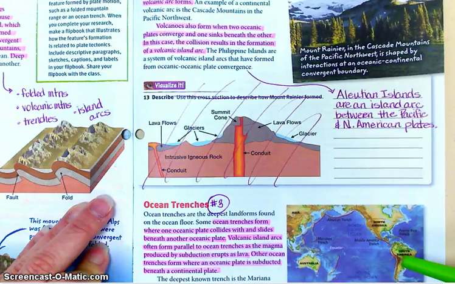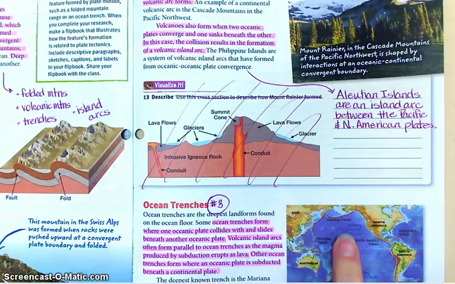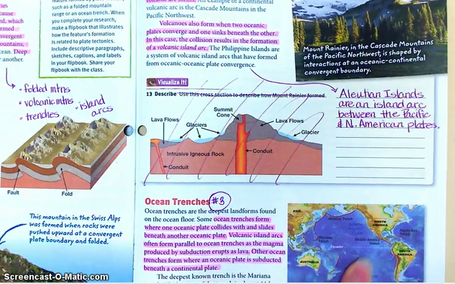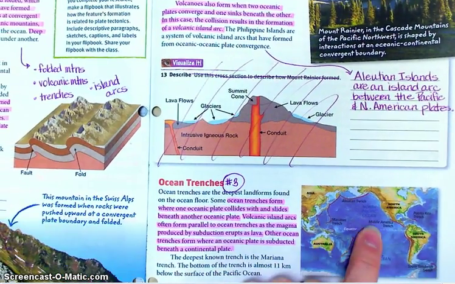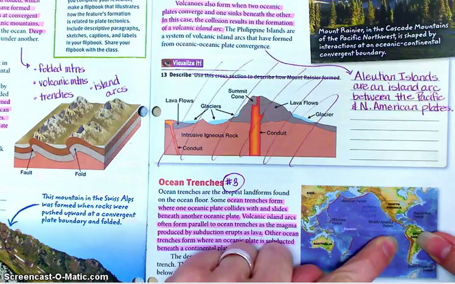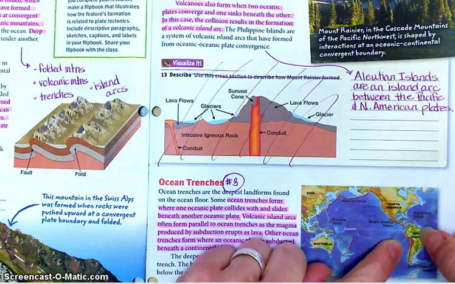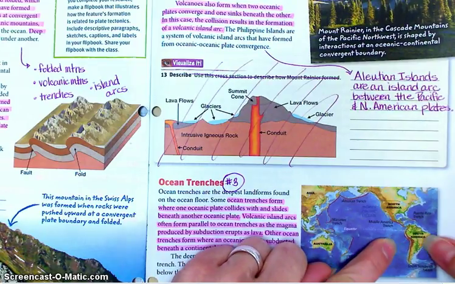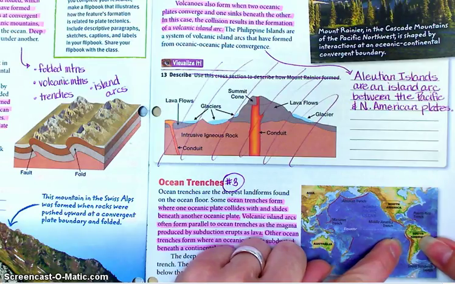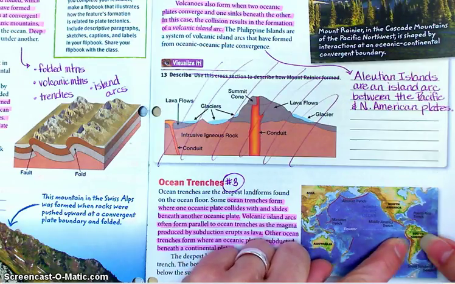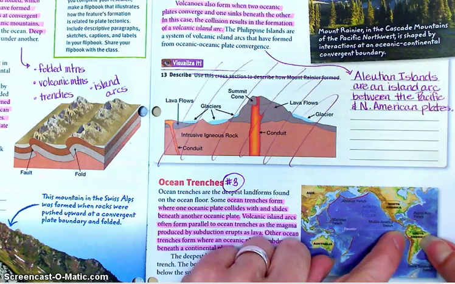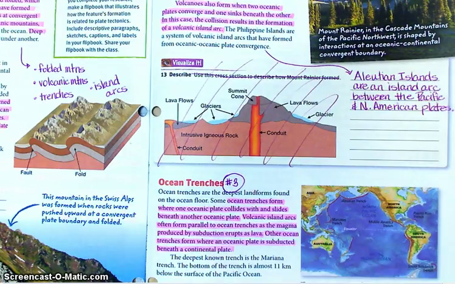That's the Peru-Chile Trench, because this is the Pacific Ocean, and it is converging with both the South American and the North American plate, and the Pacific plate is being pushed underneath or subducted underneath the South American plate. So there is a trench that runs right off the coast of South America.